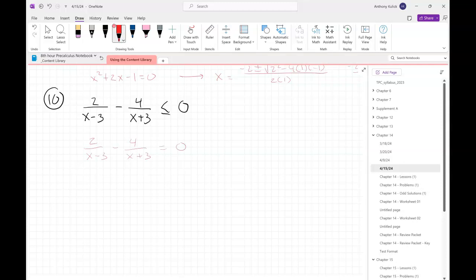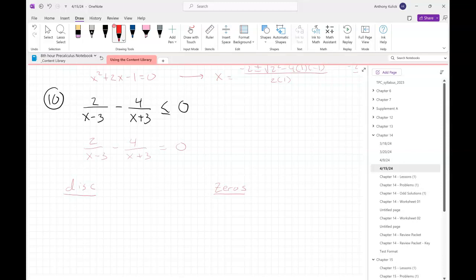Now, because this is a rational inequality, there's fractions, I have to worry about two things. I have to worry about the discontinuities, and I have to worry about the zeros. Everybody's okay here?